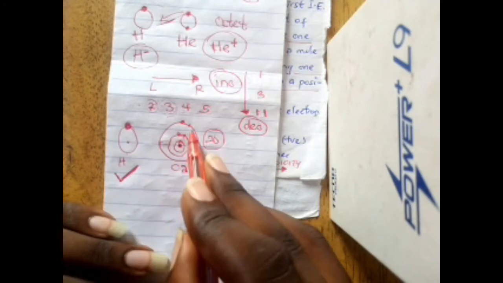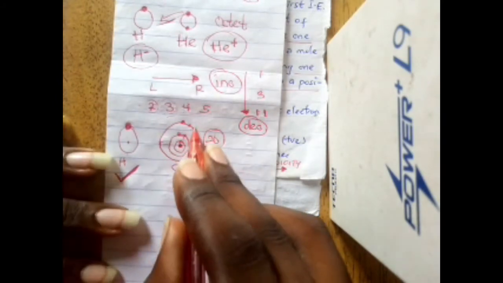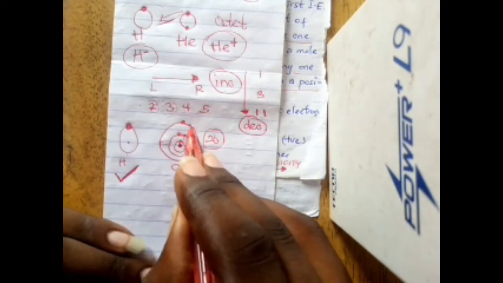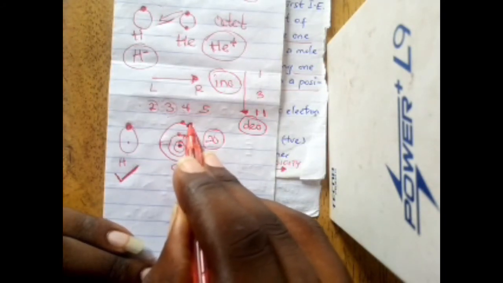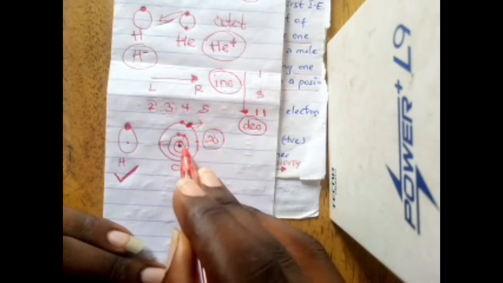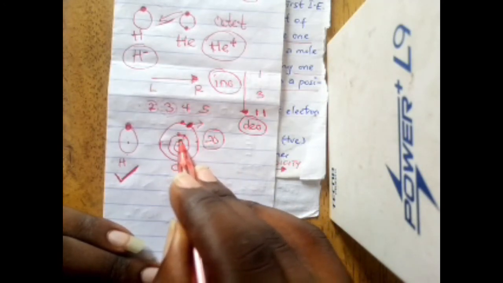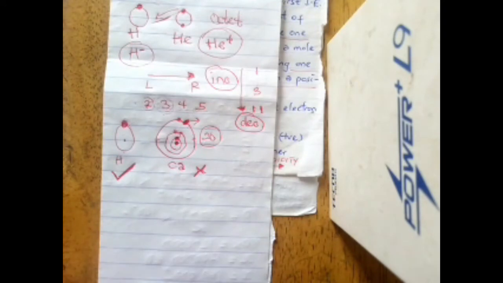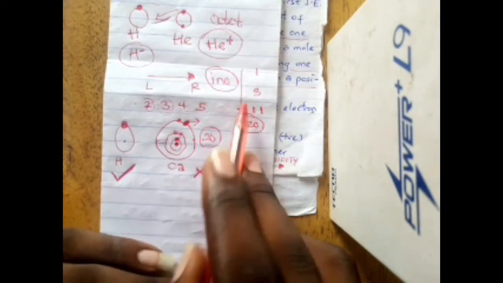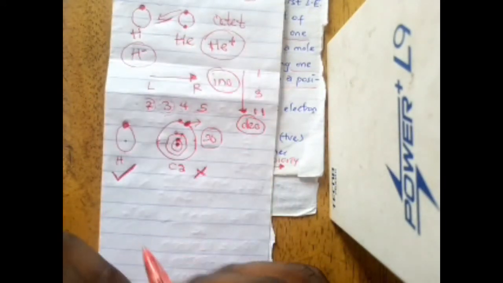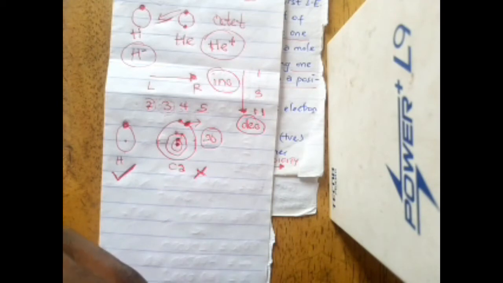The nucleus cannot take full care of the outermost electrons because of the high number of electrons, the high charge. So electrons at this stage can easily be lost when compared to electrons at this point closer to the nucleus because of the nuclear charges. So when you move down in a group, the ionization energy decreases.